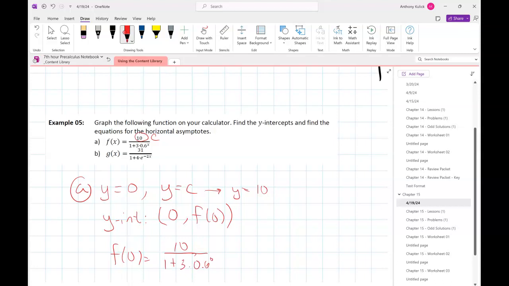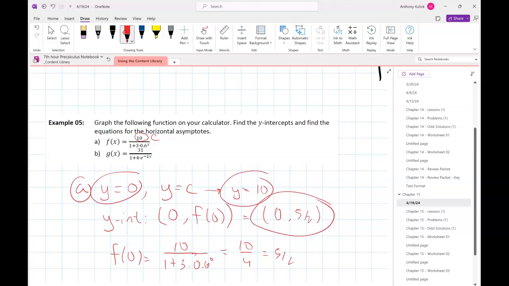What's 0.06 to the 0? 1. What's 3 times 1? What's 1 plus 3? So this is 10 over 4, or reduces down to 5 over 2. So my y-intercept is (0, 5/2). Everybody feel good there? I'm not going to bother with example B because it's the same thing.